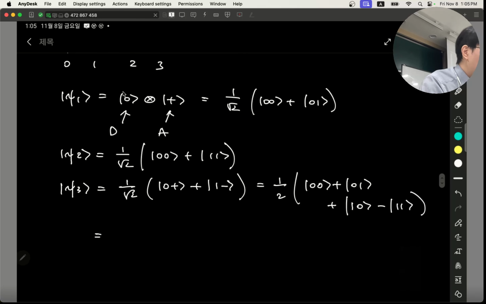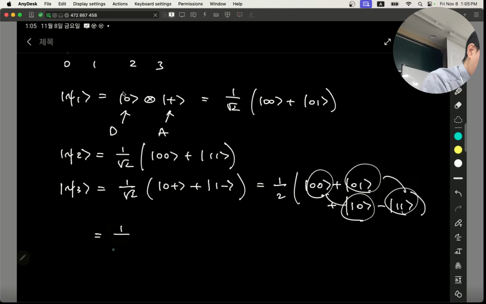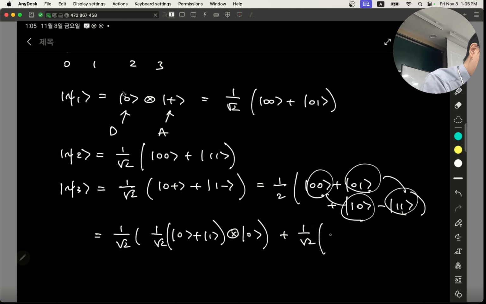Now I'm going to combine this one with this one together and this one with this one together to get 1 over square root of 2 times 1 over square root of 2, 0 plus 1, plus 1 over square root of 2 times 1 over square root of 2, 0 minus 1.